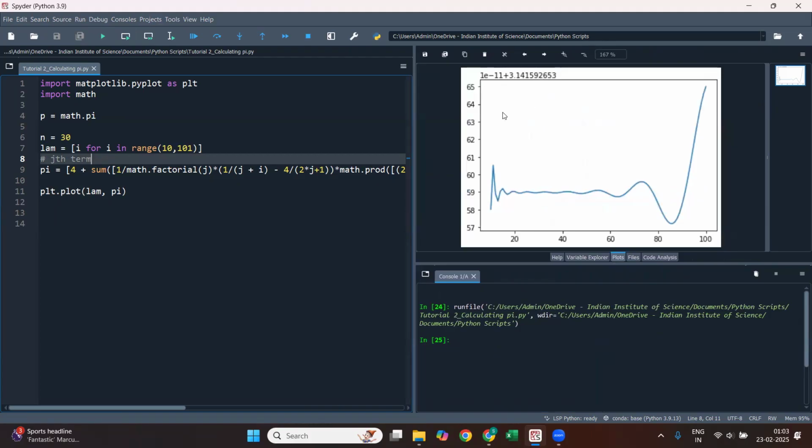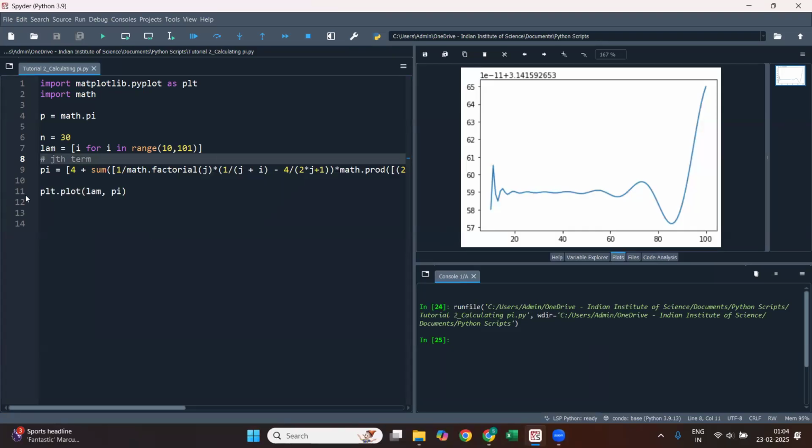And as you see, the plot shows me pi on the y-axis and lambda values on the x-axis. So this is 3.141592653 plus this number times 10 to the power minus 11. That means it is this entire thing plus some 5 times 10 to the power minus 10. That is what we've got over here. So this is, of course, the value of pi that we've got up to a certain number of digits.